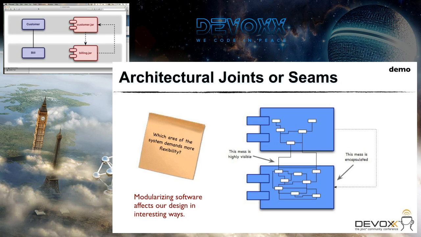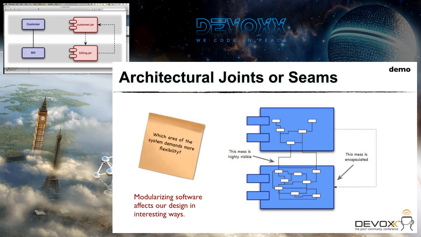So here's a class structure on the left-hand side. Very, very simple. A customer has a bill. This class structure happens to be bidirectional. That is, the customer depends on bill and the bill depends on customer. The worst form of coupling that I can have, to have this bidirectional relationship between classes.